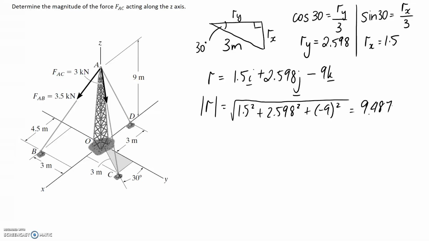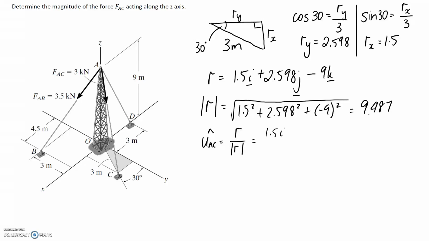So we should be able to now calculate the unit vector, and I'm going to call it UAC and give it this little hat to represent that it's a unit vector, which means it has a magnitude of 1. So it's going to be equal to our vector r divided by its magnitude. All this does is take your vector and normalize it so that it gets that magnitude of 1.